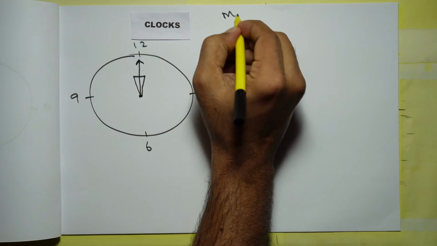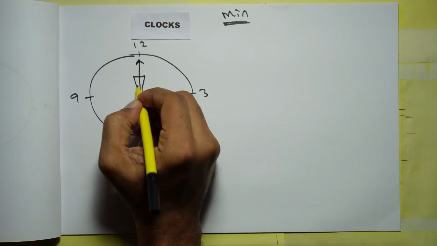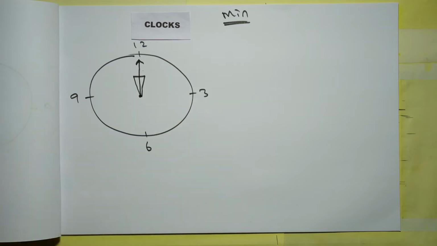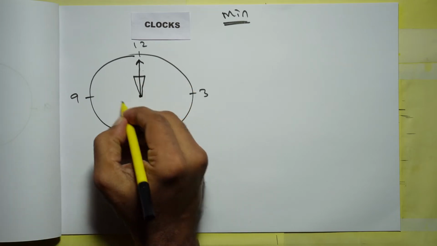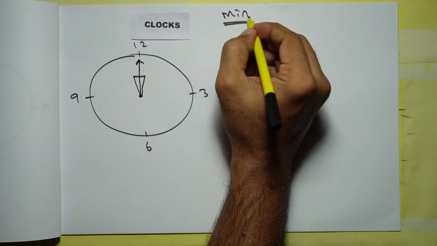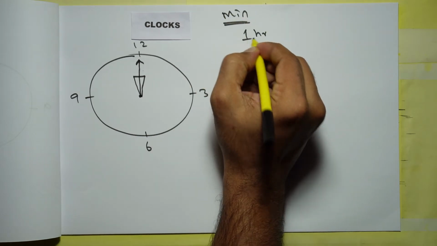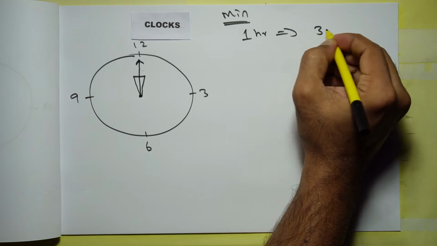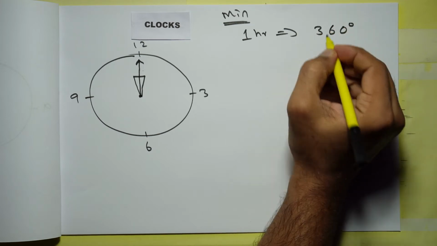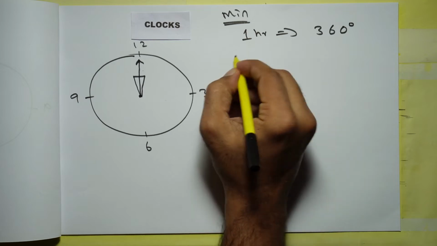Now let us start with the minute hand. Minute hand is drawn long and thin. And you can see that every hour it will make one full rotation, that is 360 degrees. So if you look at the minute hand alone, in 1 hour it will make one full rotation, that is 360 degrees. Now 1 hour is also equal to 60 minutes.